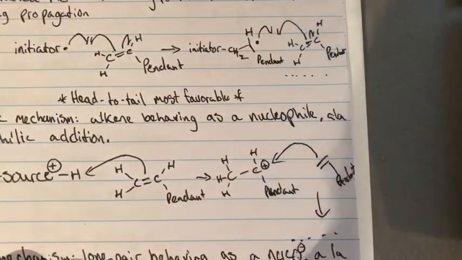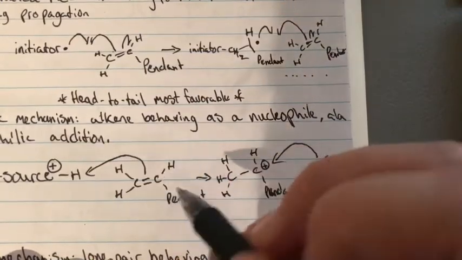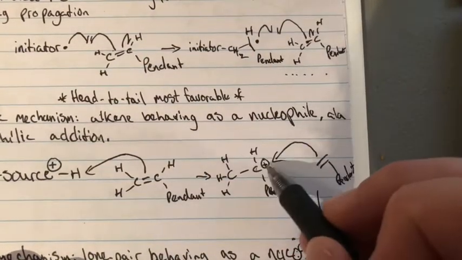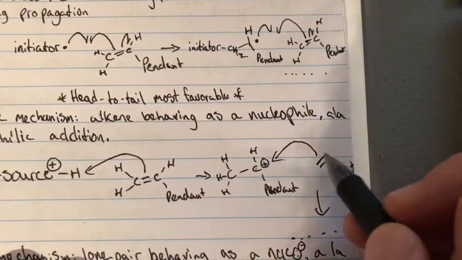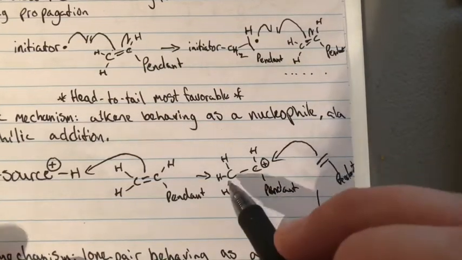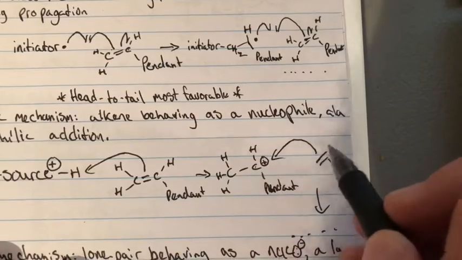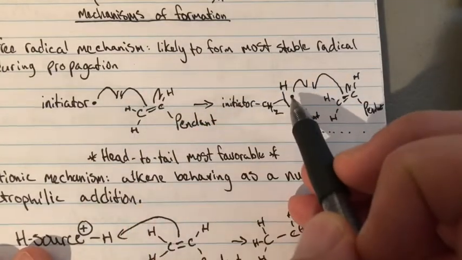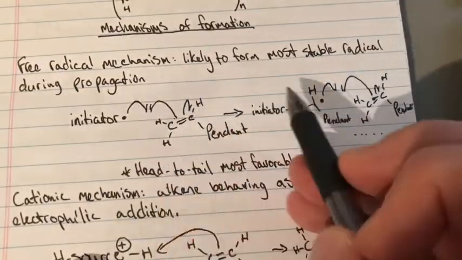Then you're going to have a positive charge over here at this carbon. Again, this is going to be the most stable carbocation that you would form. So that's going to really make sure that you have a most stable carbocation at each step. So it's almost the same here with this previous example with free radical mechanisms.